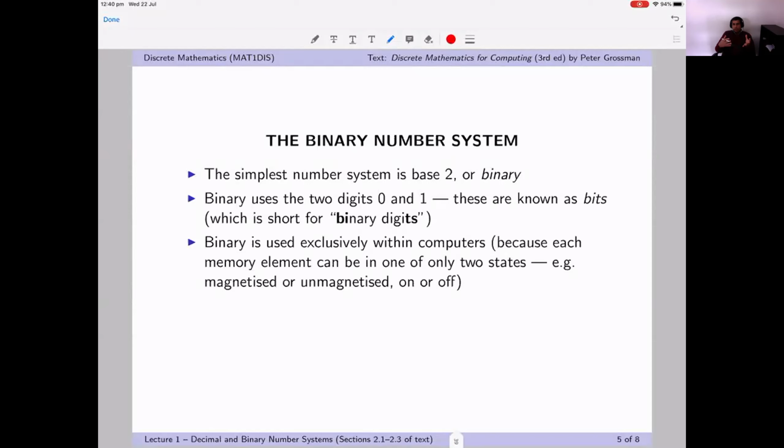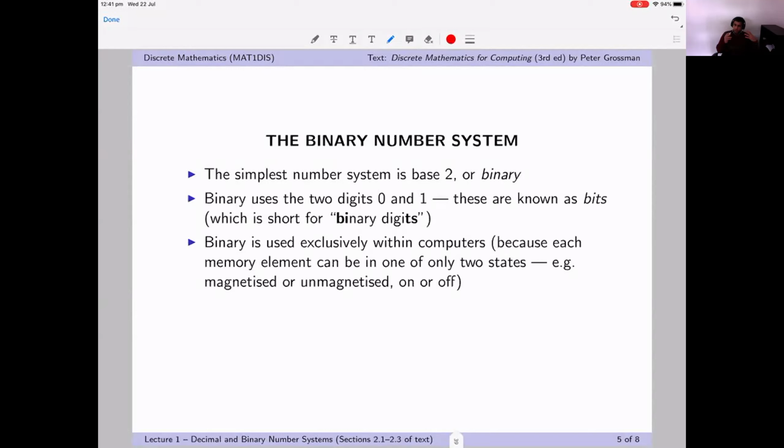Binary is used exclusively within computers. Each memory element can be in one of only 2 states, that is magnetized or unmagnetized, or on or off. If 0 is off, then 1 is on, or vice versa. So there are only 2 options: right or wrong, true or false, on or off, magnetized or unmagnetized.